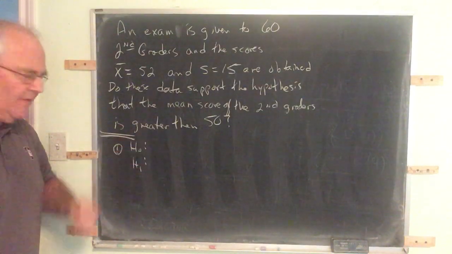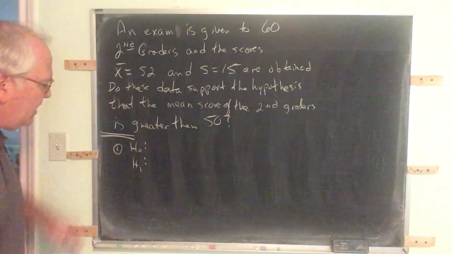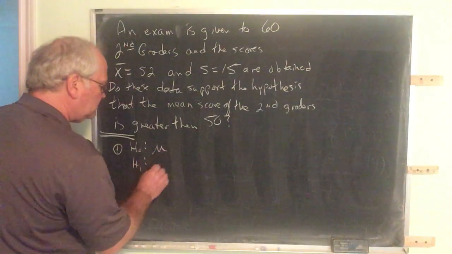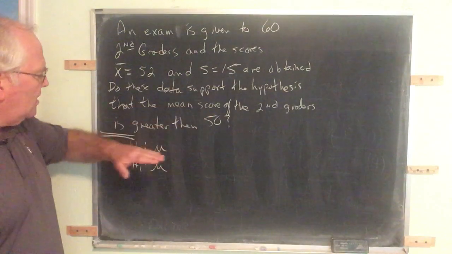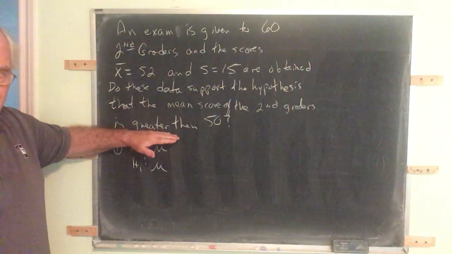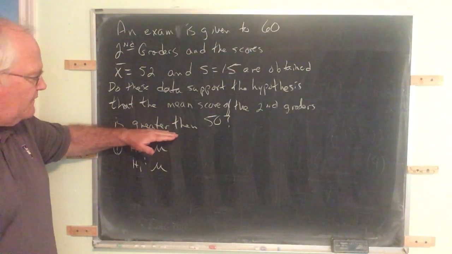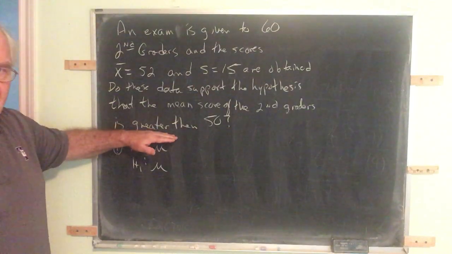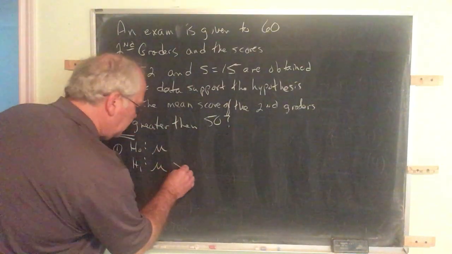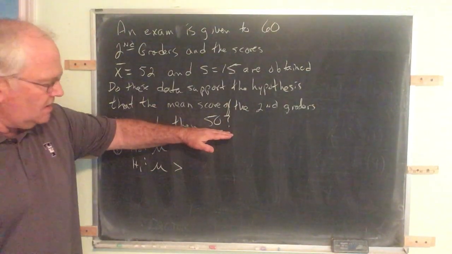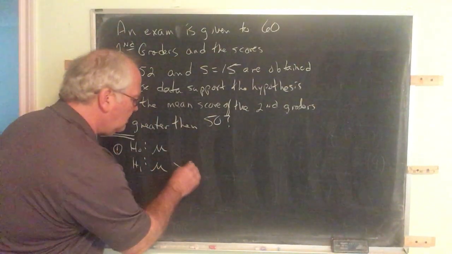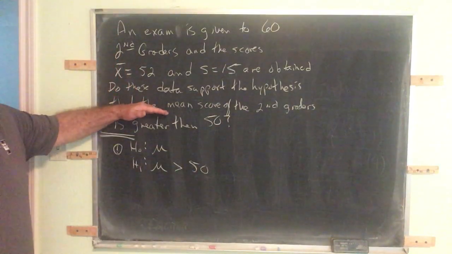Never put X bar in the hypothesis. This is the population mean. And the question is, the mean score is greater than, now this shouldn't be too hard to figure. Is greater than means is greater than. 50 means 50. So it pretty much is read it and write it.